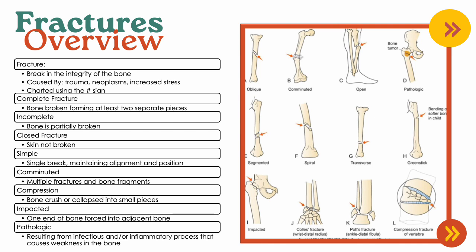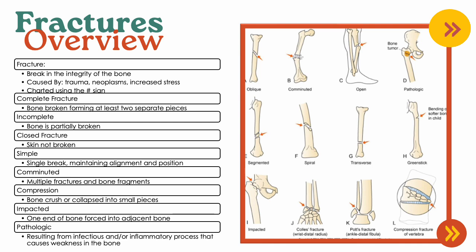In fact, it actually remains intact, but you can clearly see that there's a malformality with that. You can have a simple fracture, which is a single break, and that bone is maintaining its alignment and position, whereas you have comminuted. That one is where you have multiple fractures and multiple bone fragments, so that's a difference there. You can have a variety of complete and incomplete fractures with the comminuted type.